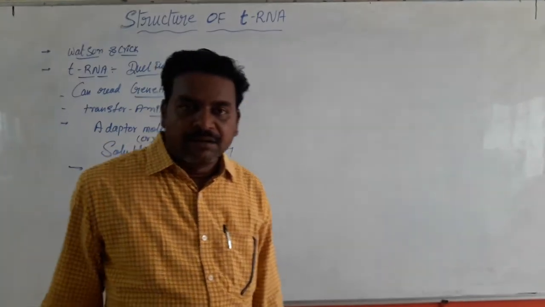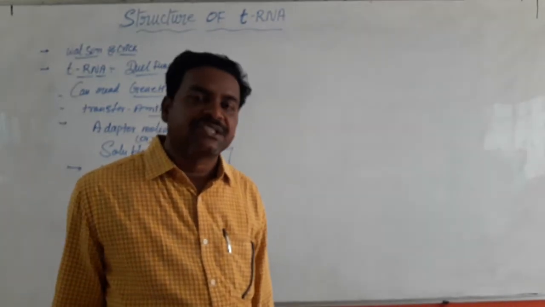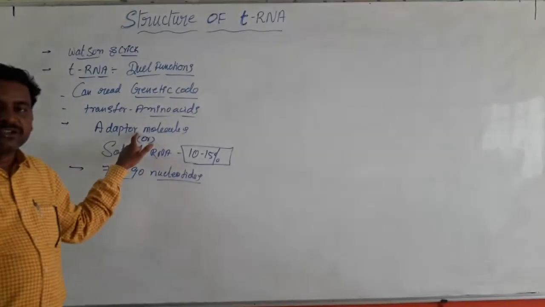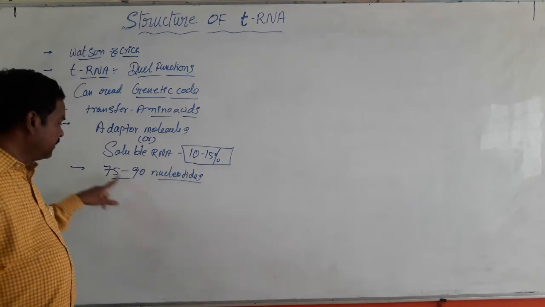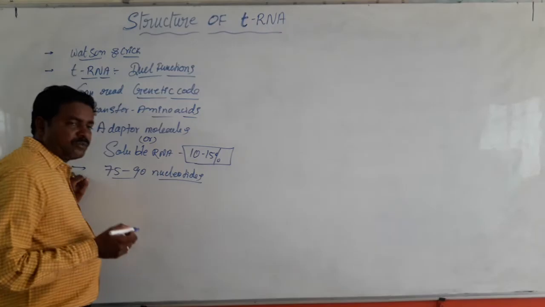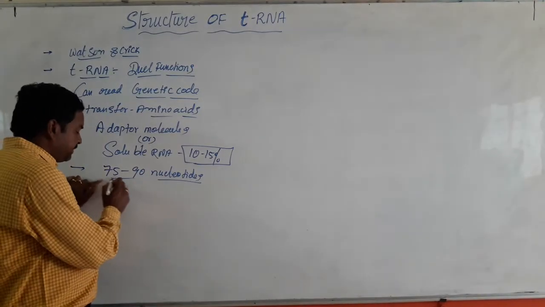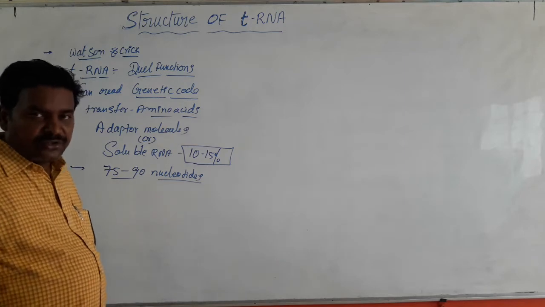On the other hand, it can read the genetic code, the sequence of codons in mRNA. It is soluble RNA, it is 10 to 15% of total cellular RNA, and it has a limited number of nucleotides, 75 to 90.